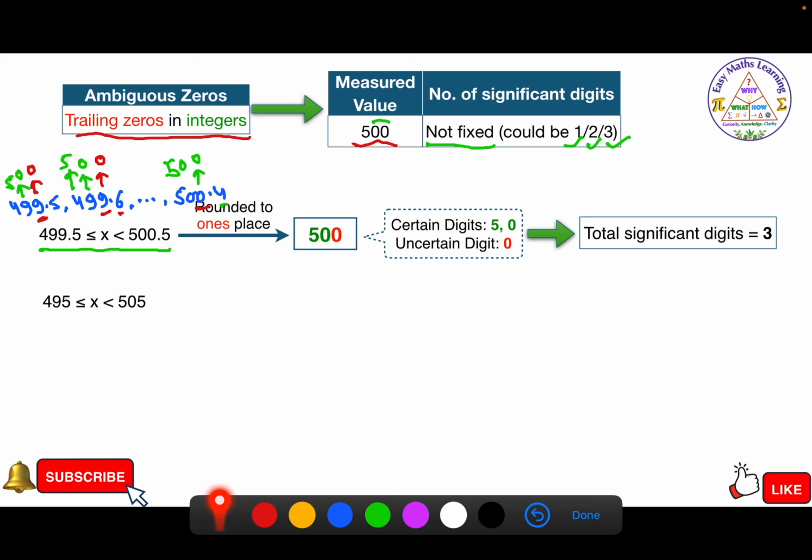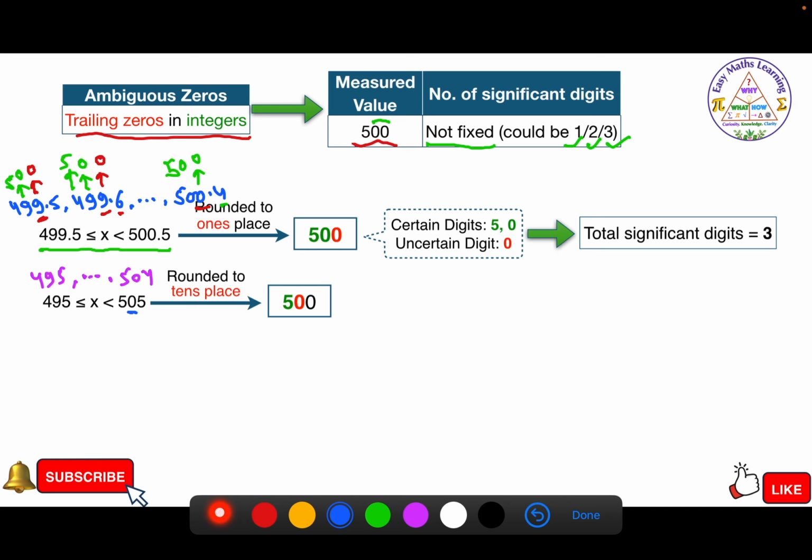Now assume that the true value lies in the range between 495 and 505. So the true value may be 495, 496, 497 up to 504. Okay, up to 504. So in this case, the measured value 500 is obtained when the true value is rounded to the tens place.